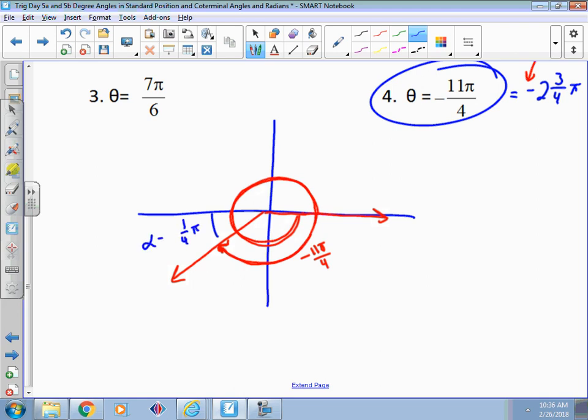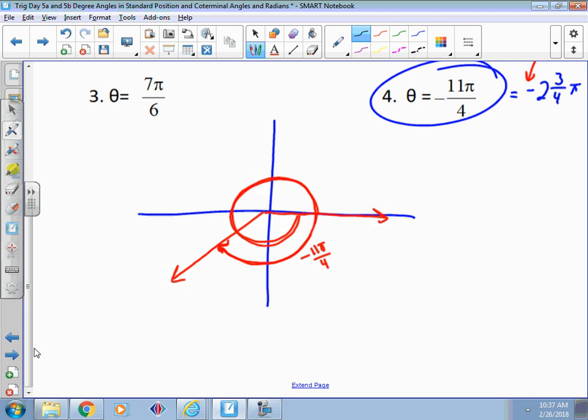So that would be my reference angle. Wait, shouldn't it be a negative 1/4 pi? No, reference angles always have to be positive and always made with that terminal side and the x-axis. So that actually would be pi over 4. Do you know how many degrees that is? 45 degrees.